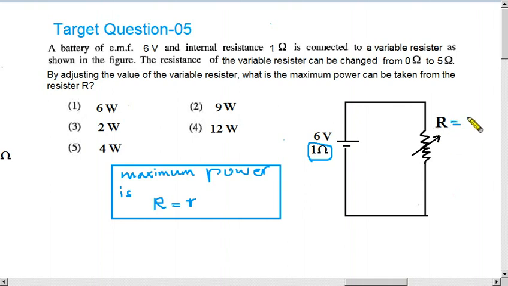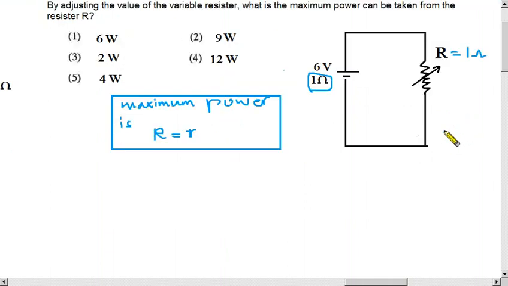That means R equals 1. Now we can find the current and finally the power, that is the maximum power. When capital R is equal to 1 ohm, because the internal resistance of the cell is 1 ohm, then we get the maximum power.